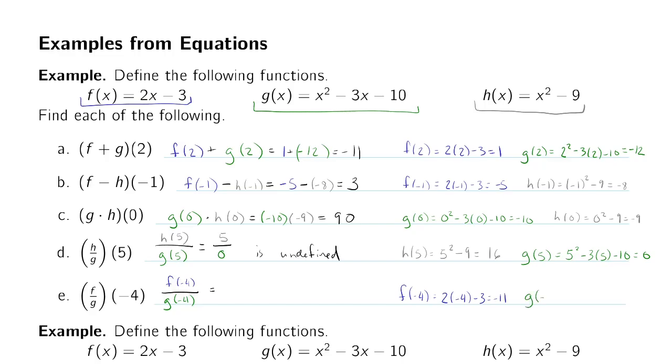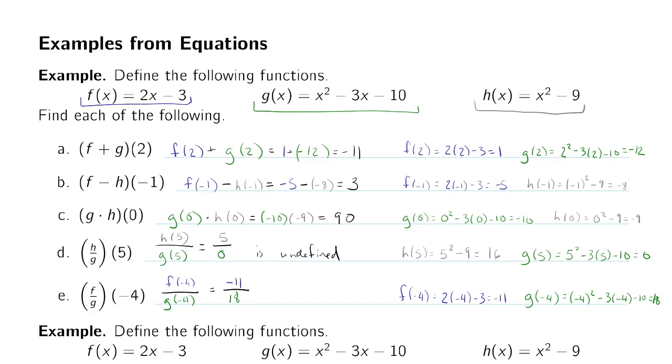G of negative 4 is negative 4 squared minus 3 times negative 4 minus 10. That works out to 18. And so this is just negative 11 over 18, and it turns out we can't simplify that fraction, so that's just where we stop. Okay, so we've just worked out individual values for these functions.